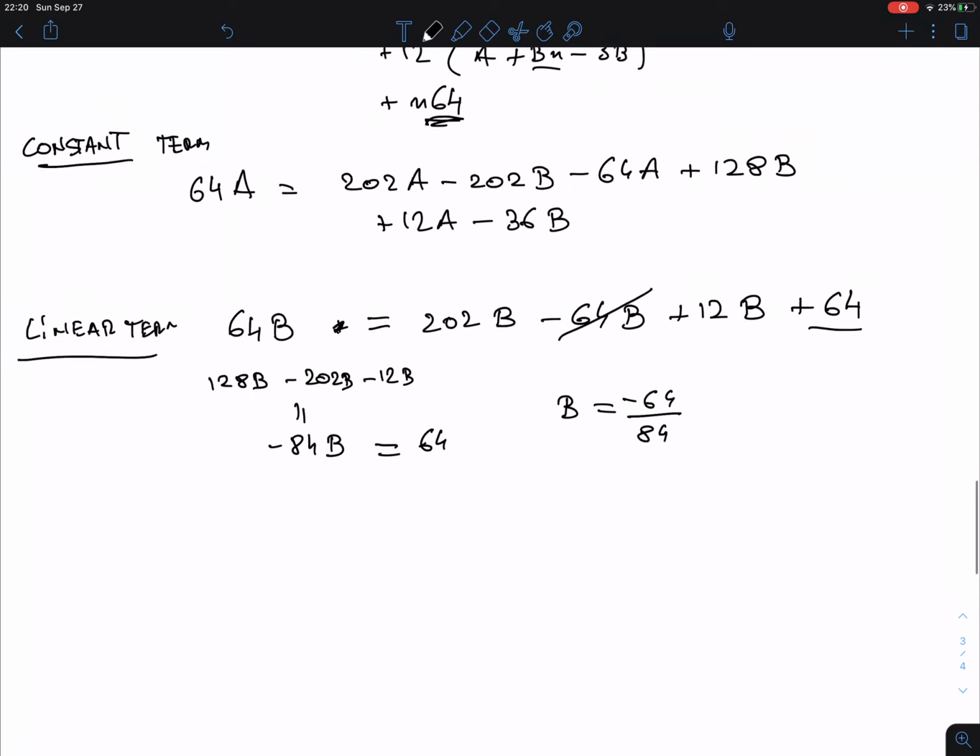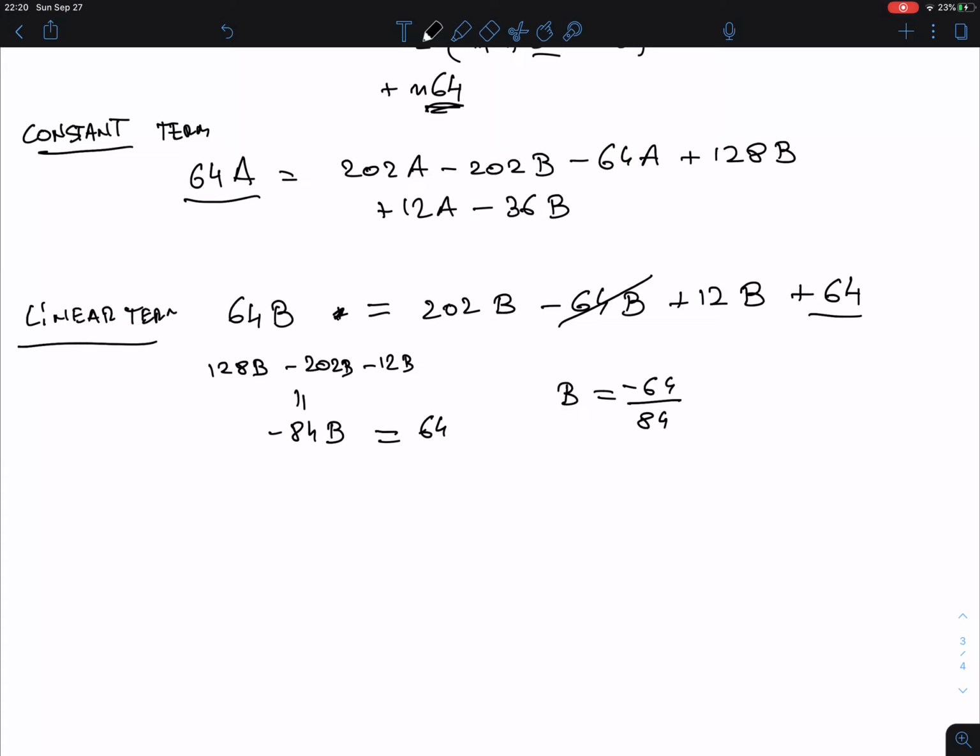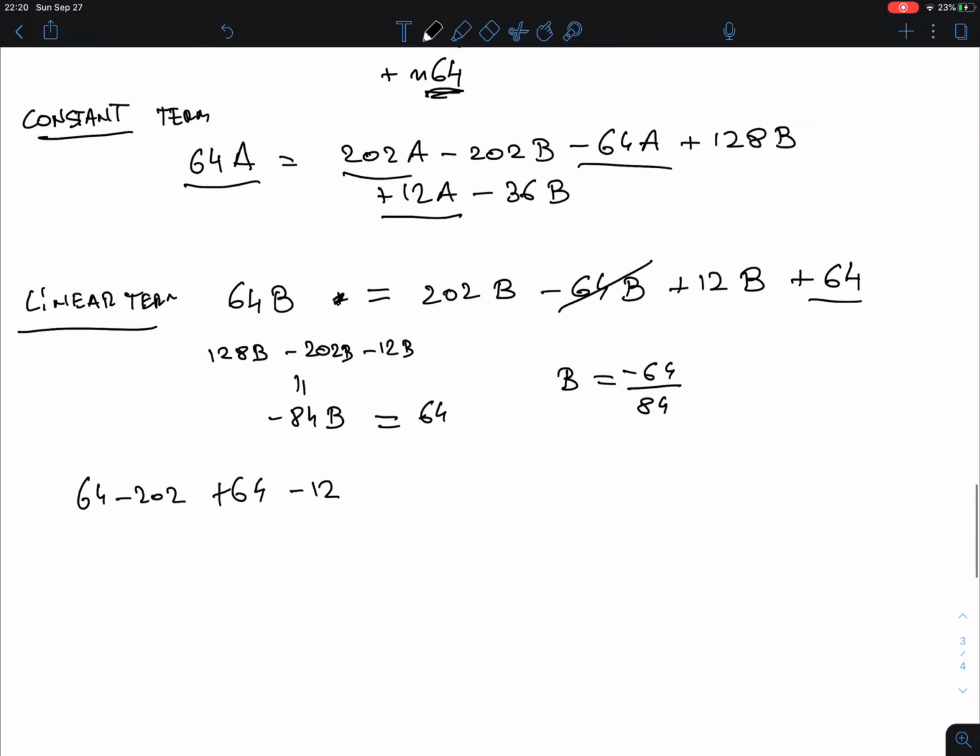Let's solve here for a. Let's bring everything in terms with a to this side. We have a 64 minus a 202 plus a 64. And then we have what else? Minus 12a equals, and then on the other side we have the stuff with b, right?